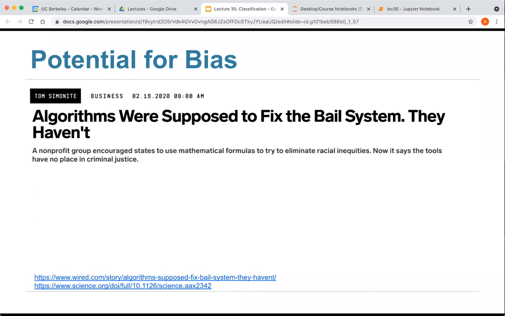Now, if historical data include bias, which they do, for the same crime, if you were from one racial group, you were more likely to get bail than if you were from another racial or ethnic group. Then what does the algorithm see? The algorithm sees, this kind of person, this ethnicity does not get bail, typically. So I will not predict bail for this person. What happens is that the racial bias that is baked into the sample data then almost gets reinforced by the algorithm. And that's a real problem.